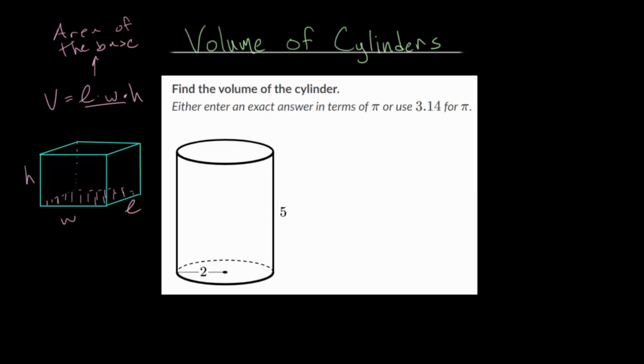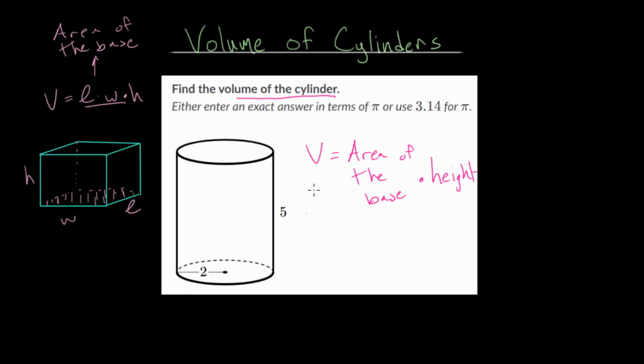In fact, the formula for the volume of a cylinder is the area of the base multiplied by the height of the cylinder. And the area of the base can be found using the formula for the area of a circle, which you might remember as pi multiplied by the radius squared.